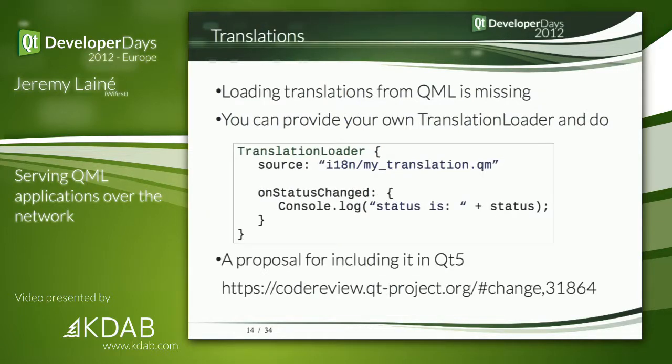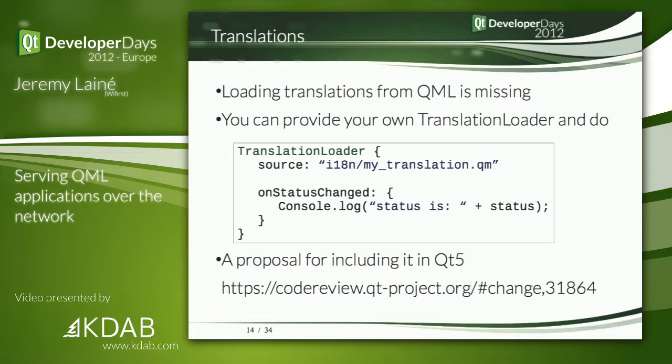So one point which is missing, which we ran into, is that if your application is for a multicultural or multi-language environment, you're going to need to have some internationalization.